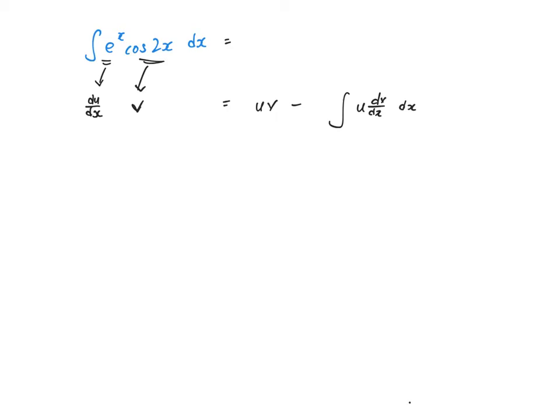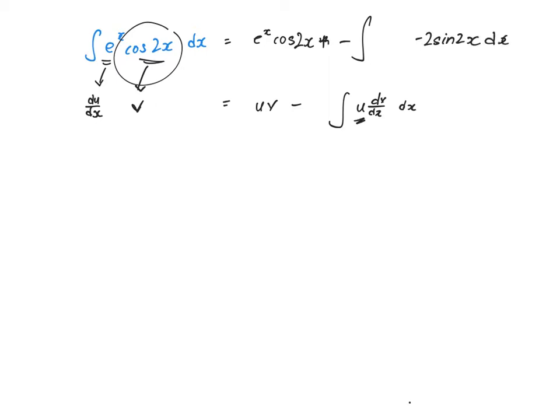Okay, so with that, e^x cos 2x. The first one, if I integrate e^x, I'll just get e^x, right? Then cos 2x, plus now I differentiate cos 2x, I'm going to get negative 2 sine 2x, so I'm going to get a minus integral of negative 2 sine 2x dx.